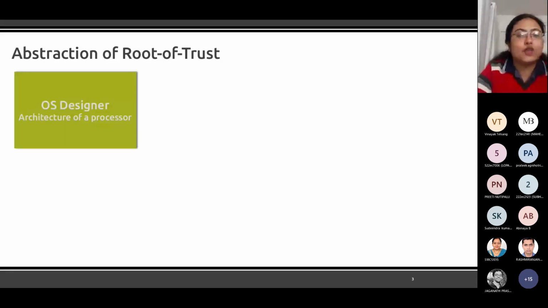Suppose somebody is working on an operating system. The operating system has to be very secure, otherwise somebody will inject a malware and we are doomed. But when somebody designs an operating system, they assume that the architecture of the processor is secure, and nobody can tamper with the hardware beneath it.